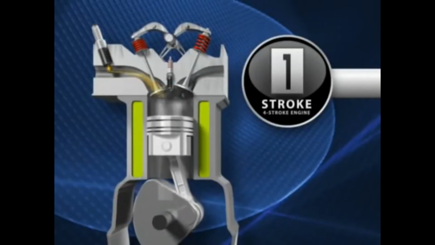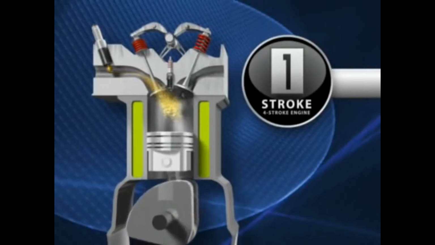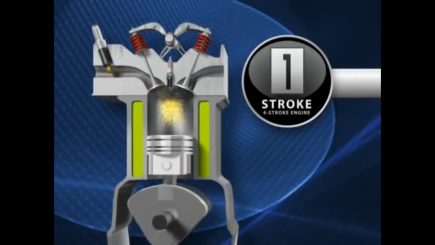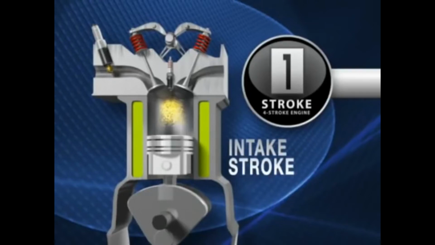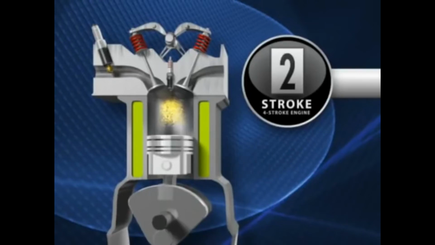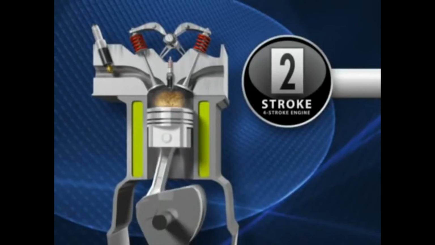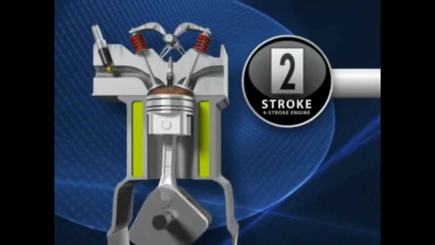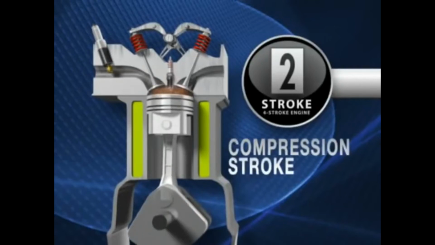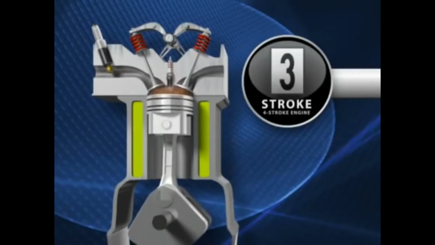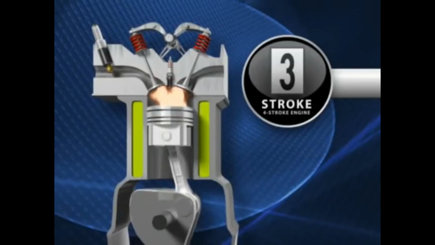In the first stroke, the piston travels downward as the intake valve opens, letting in air from the atmosphere and a measured amount of gas from the electronic fuel injector into the cylinder. It's called the intake stroke. For the second stroke, the piston travels upward, compressing the air and fuel to make a highly combustible mixture.